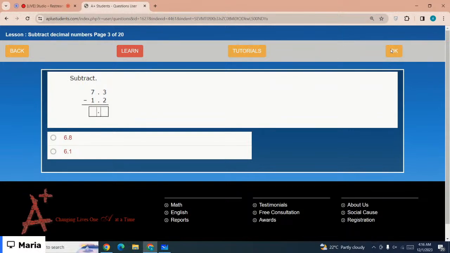Yes, the correct option is 6.1. Very good.